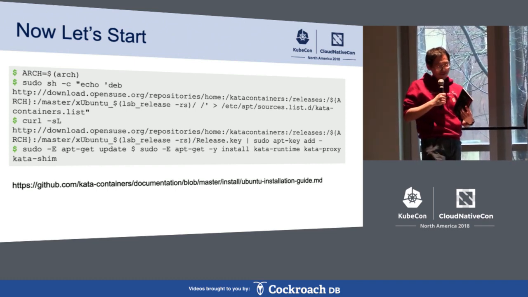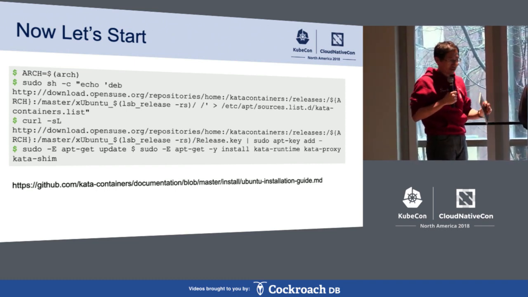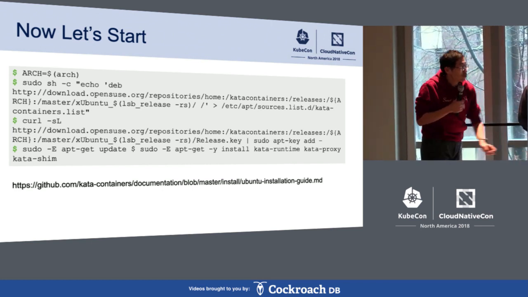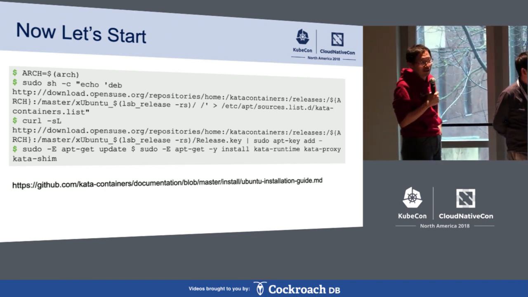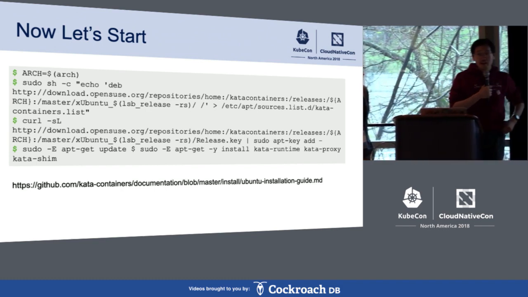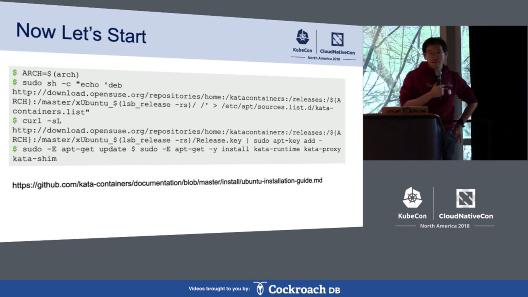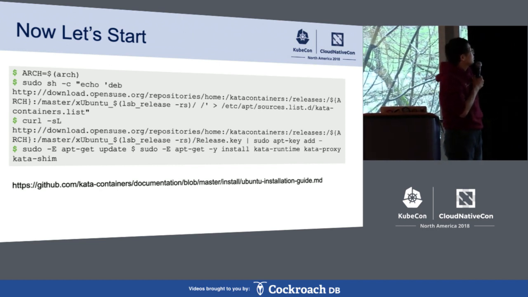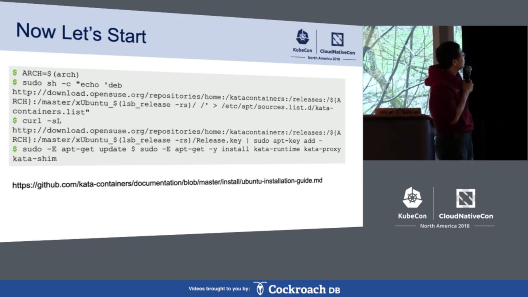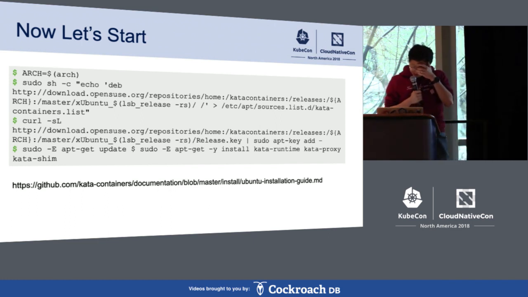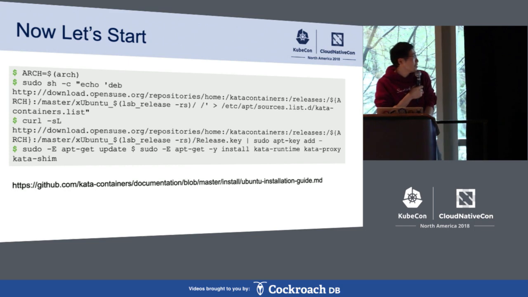We have about 10, so if you are interested you can take a card after the session. We also have a booth in the exhibition hall, booth IS17, I think. Sometimes I will be there, along with other upstream developers, and you can talk with them. This is for Ubuntu, so you can just use a few command lines to install Kata onto your Ubuntu Linux host.